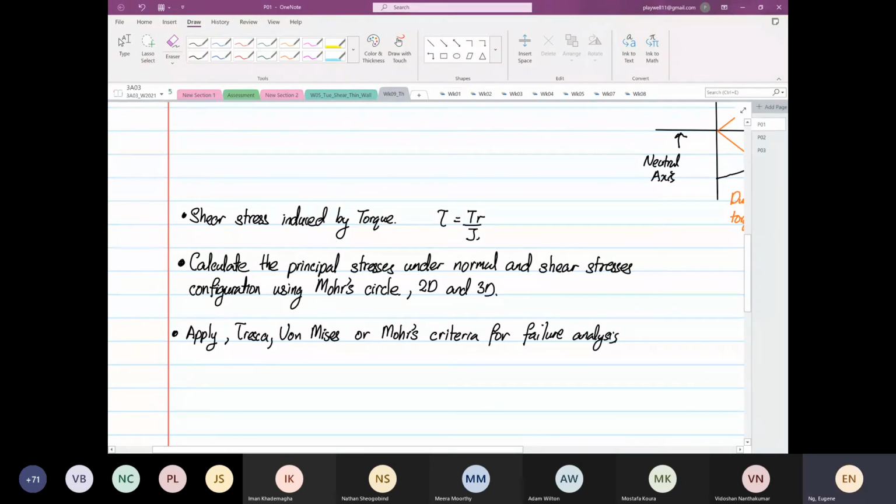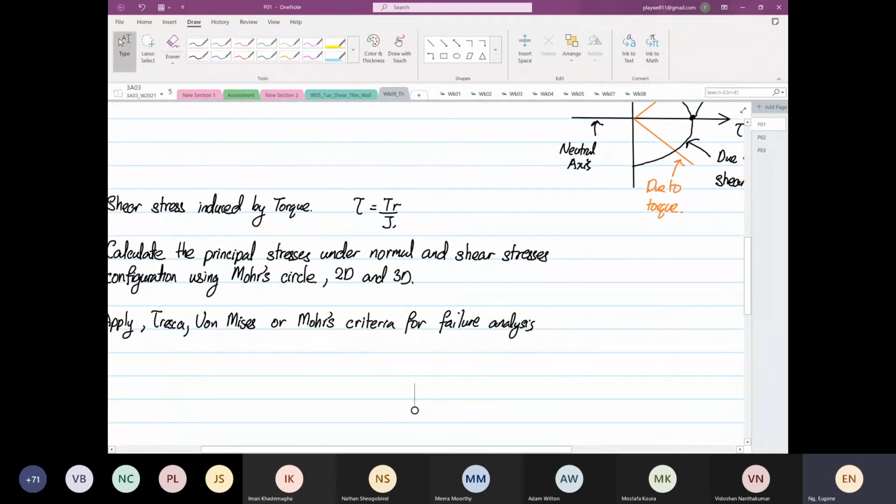So what we are trying to do down here is combine both stress-strain curves with Mohr's circle.